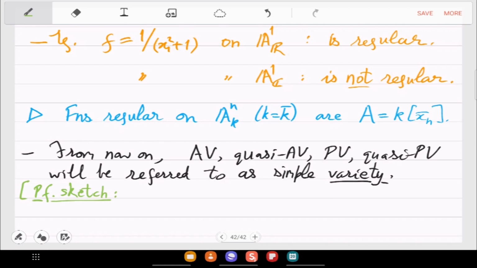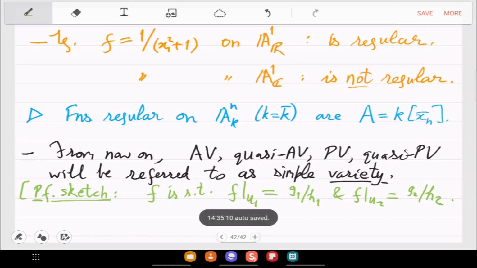So suppose you have a function which on an open patch u1 looks like g1 by h1, and on a different patch it looks like g2 by h2. What I will show is that actually the gi's are equal and the hi's are equal. So ultimately you can combine them into a single representation.